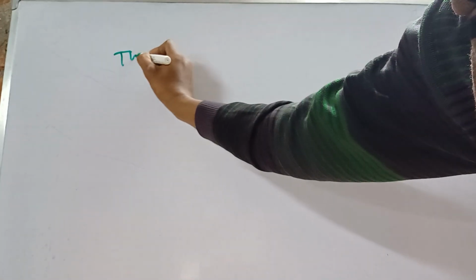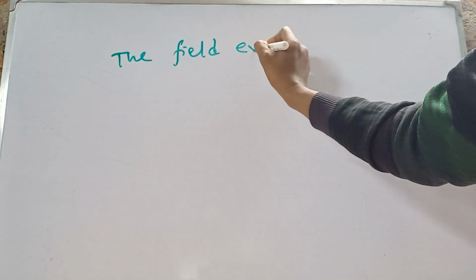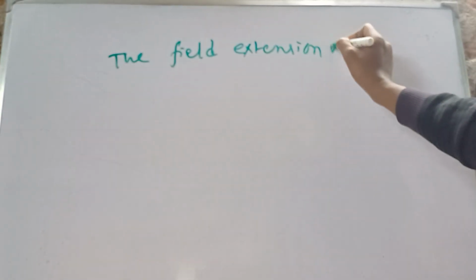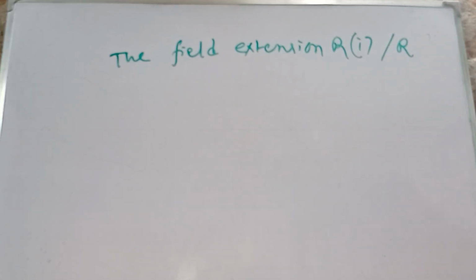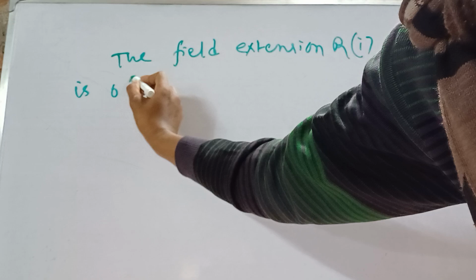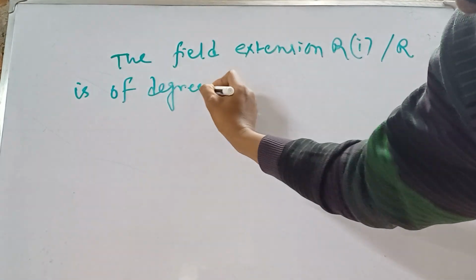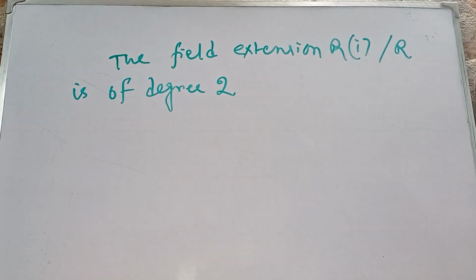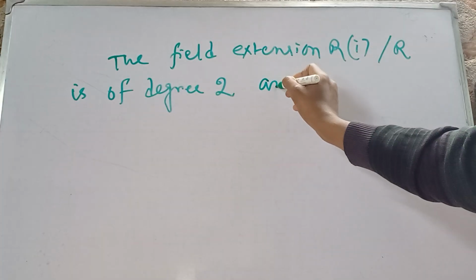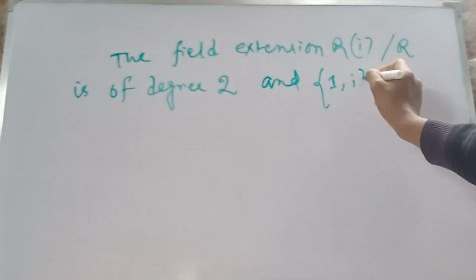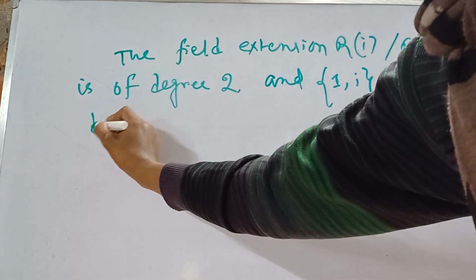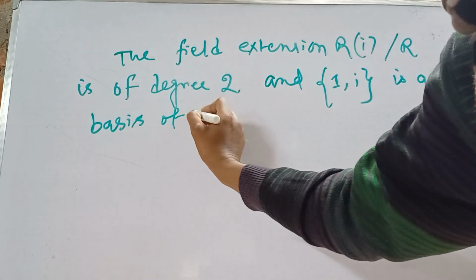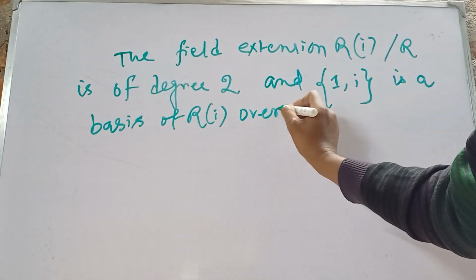We know that this field extension R(i), an extension of R, is of degree 2, and 1, i is a basis of R(i) over R.